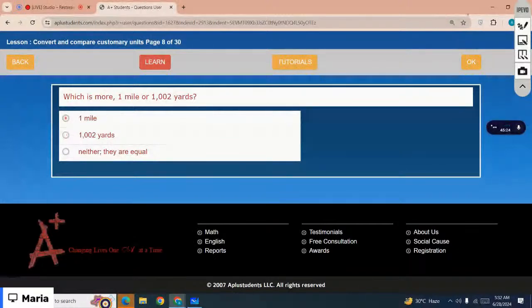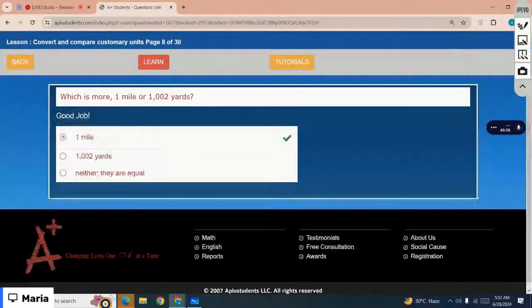So then 1 mile is more than 1,002 yards.